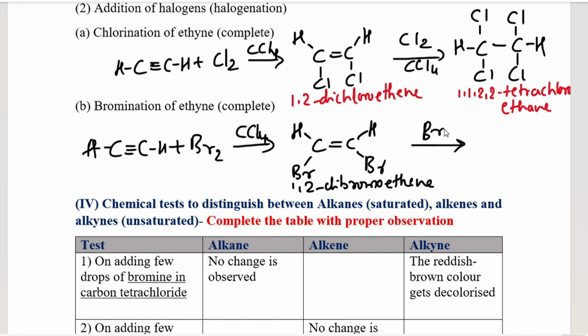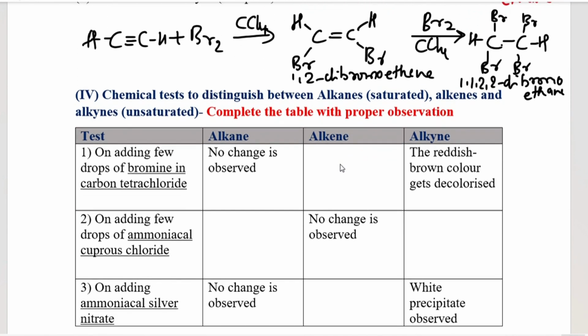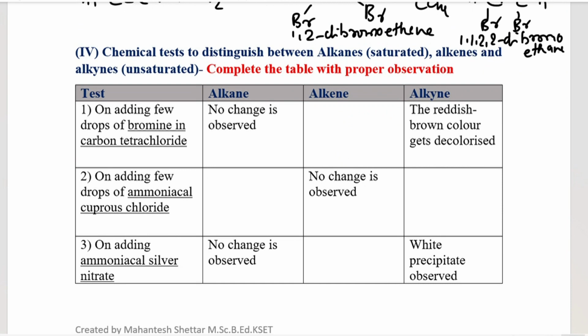Very important. Another bromination, another time. You will get CHBr2-CHBr2. This is 1,1,2,2-tetrabromoethane.